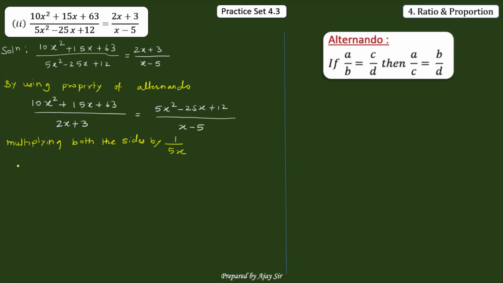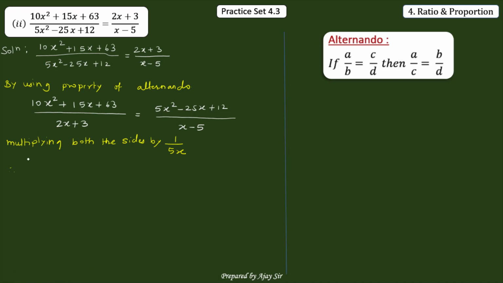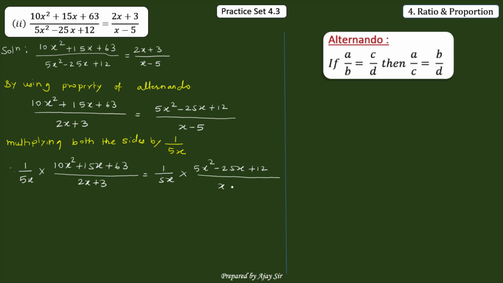After multiplying by 1/(5x) on both sides, we get: left-hand side 1/(5x) you have to multiply, right-hand side 1/(5x). 1/(5x) into (10x² + 15x + 63)/(2x + 3) is equal to 1/(5x) into (5x² − 25x + 12)/(x − 5), that is the denominator.